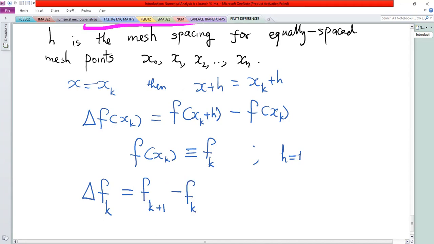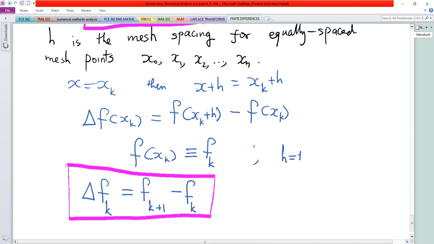So we are going to make use of this definition as the forward difference of f of xk. Remember that you can either use f or you can use y.